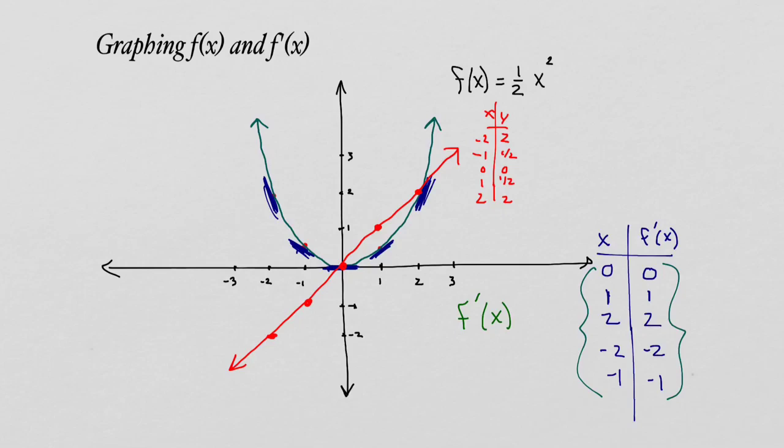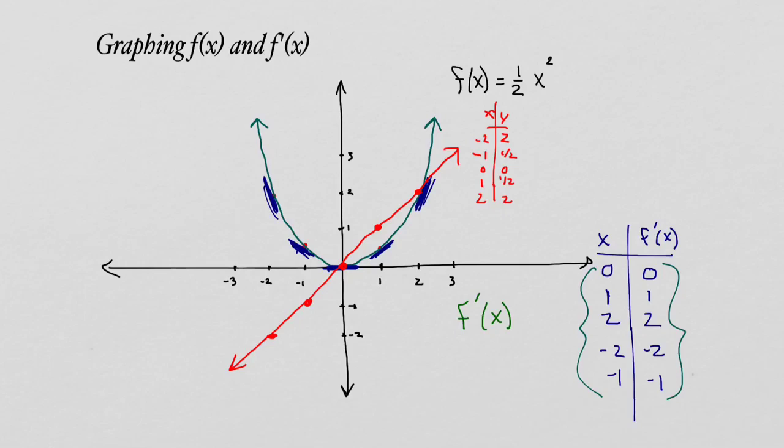So the fact that the left-hand side of my graph for -x values are below the y-axis is indicative of the fact that my slopes on my left portion of my original graph, f of x, are negative. The slope is negative there, negative there, negative there, and that is what is being represented by these negative y values. The fact that these y values are positive is indicative of the fact that the slopes along this portion of the curve are positive. They're going up.